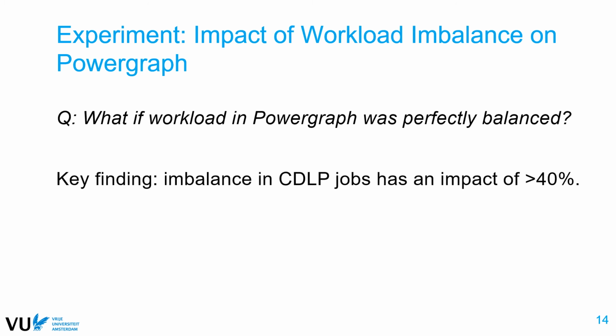In our paper, we present several findings from this experiment, but for the presentation I want to highlight one that led to the discovery of a synchronization bug. Grade10 pointed out that workload imbalance in jobs using the community detection algorithm accounts for over 40% of total processing time. Most of this overhead was concentrated in one step of each job, so we manually inspected that one step in more detail to find the root cause.